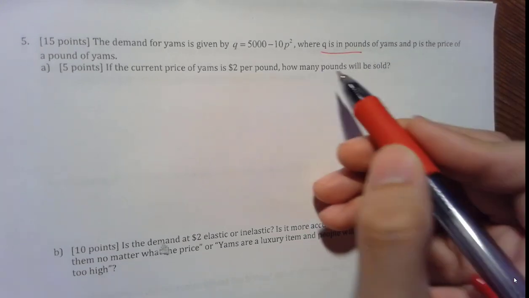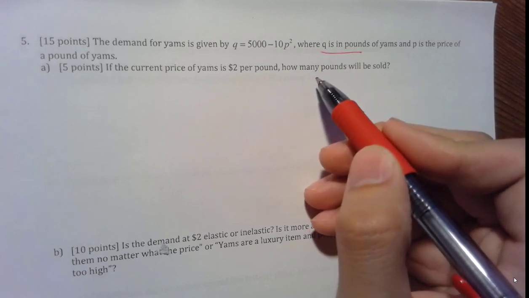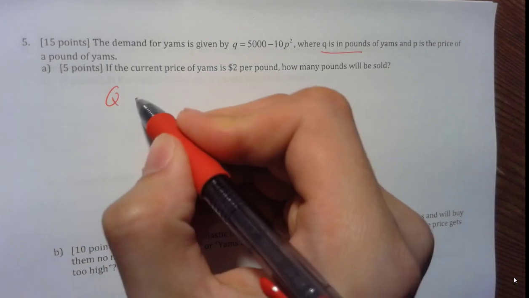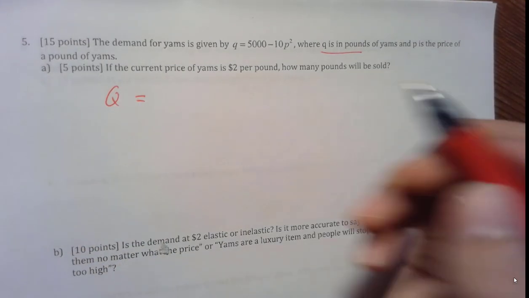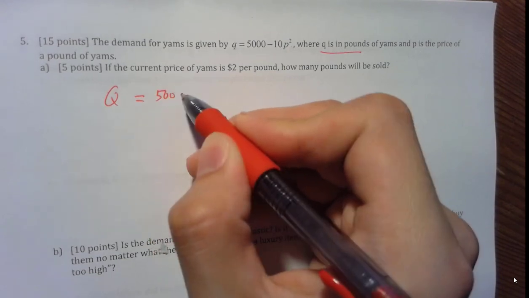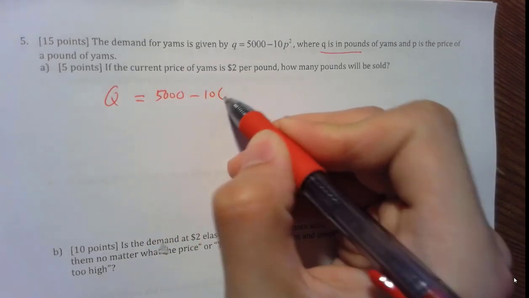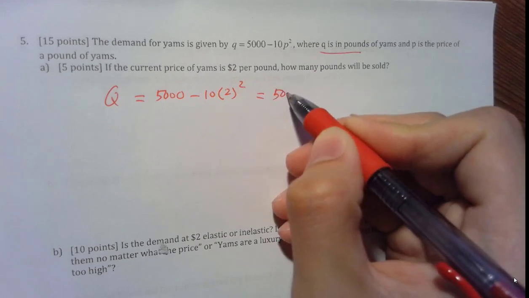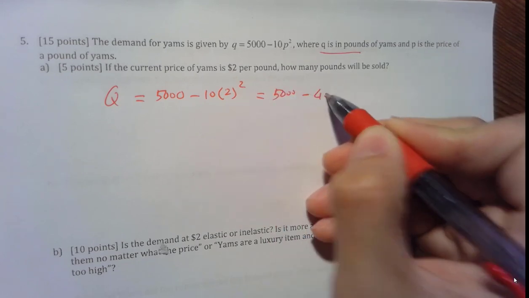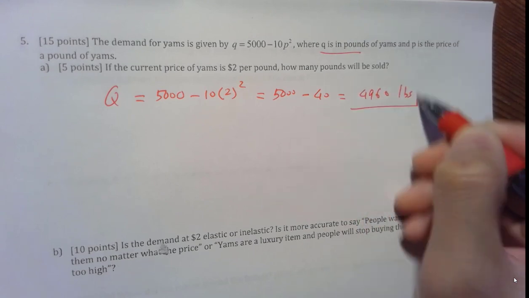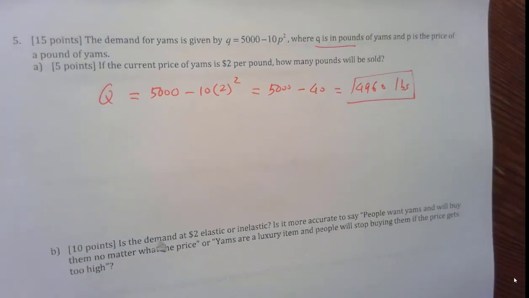So basically we are just looking for Q in this case, and Q is given by the quantity expressed here. As the price P is $2, I plug in 2 for P, and that gives me 5,000 minus 40, or 4,960 pounds. That is the number of pounds.